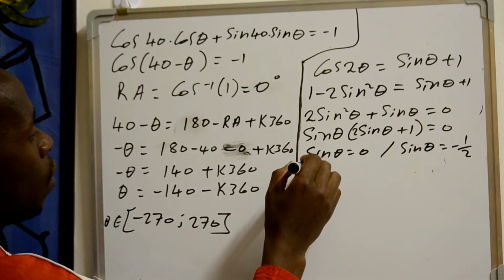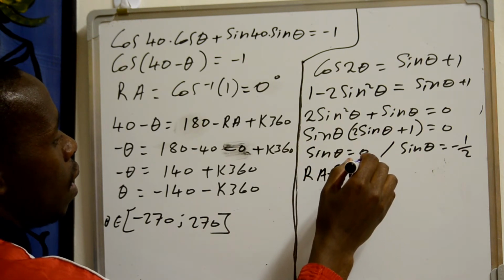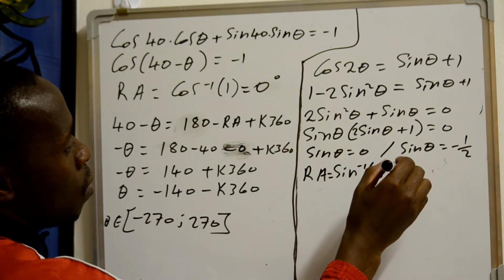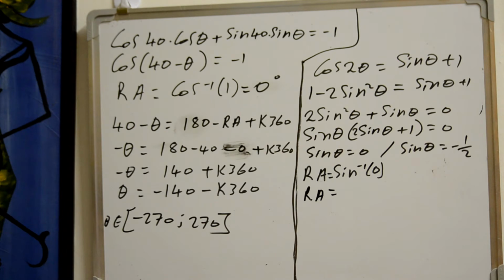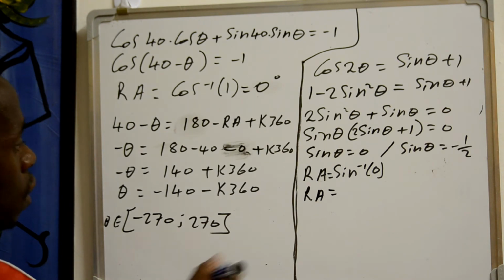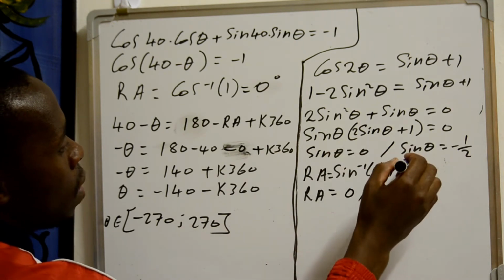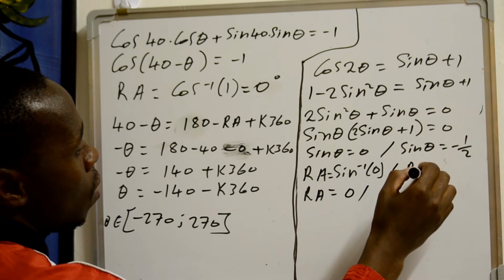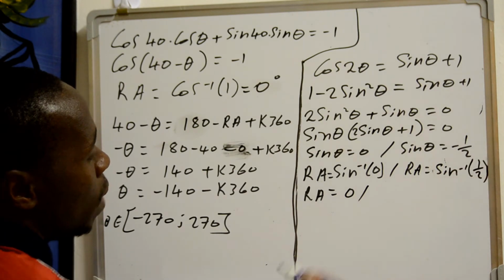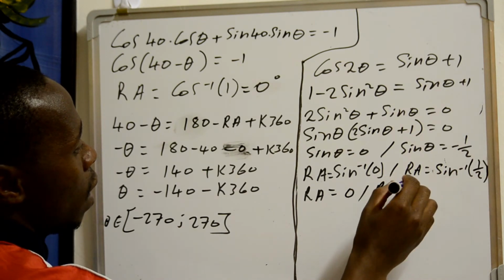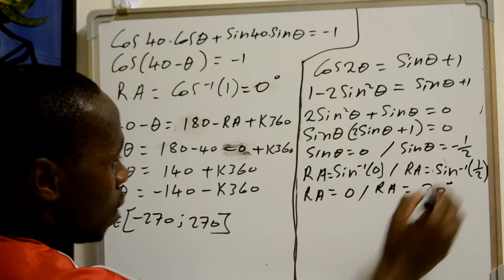The reference angle for sin inverse of 0 is 0. For sin inverse of half, don't put the minus, because the minus only points to the quadrant. So the reference angle is 30 degrees.